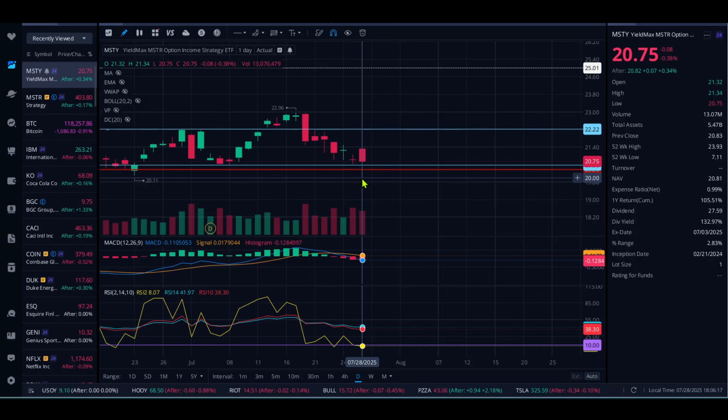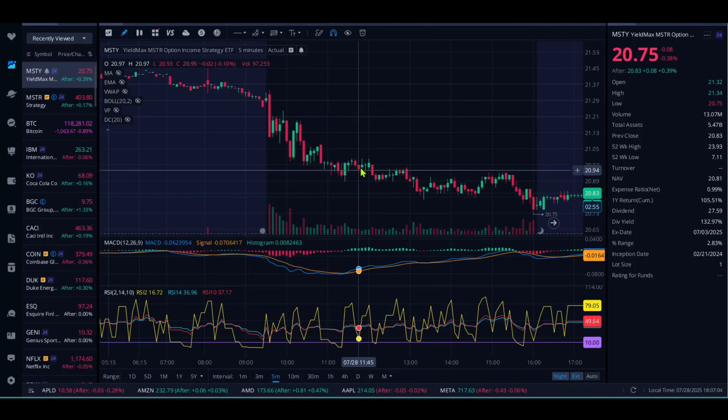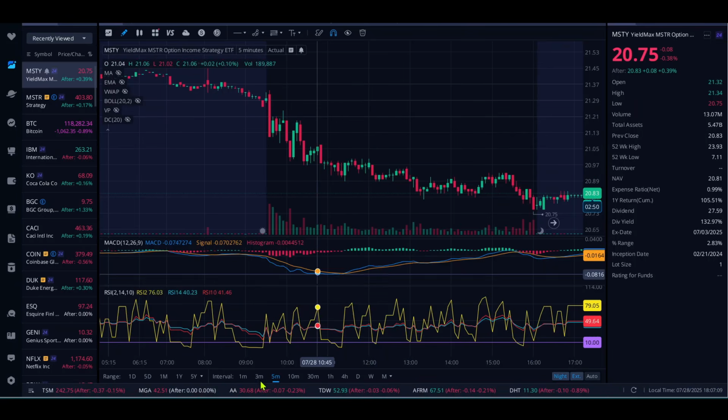So when it first came out, it looked like it was going to be a very nice day as it was moving up, right? And if I switch it over to that 5-minute chart, you can get a better view of what I'm talking about here. All right, so here we are looking at that 5-minute chart. So each candle represents 5 minutes. So it's on the interval of 5 minutes right down here at the bottom.